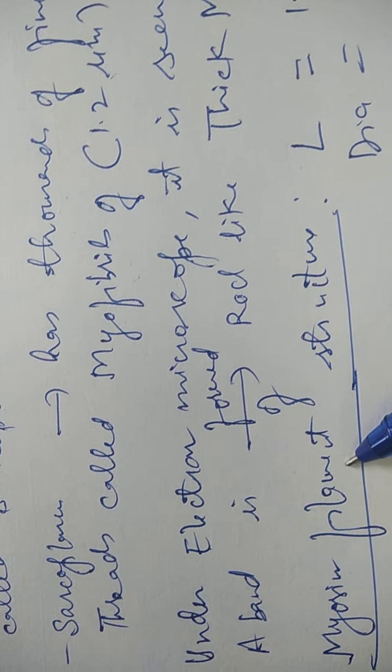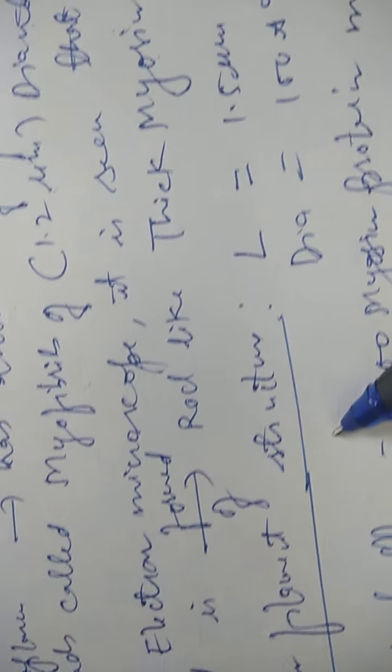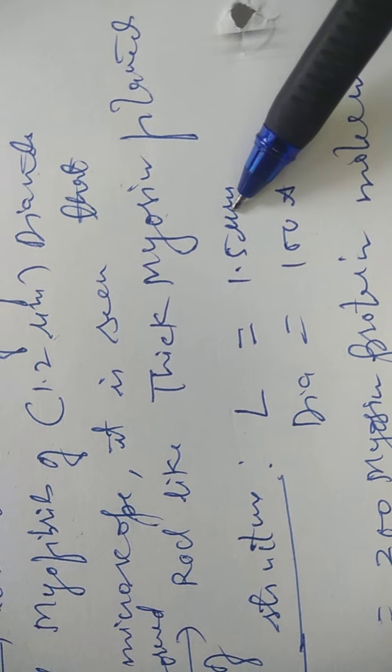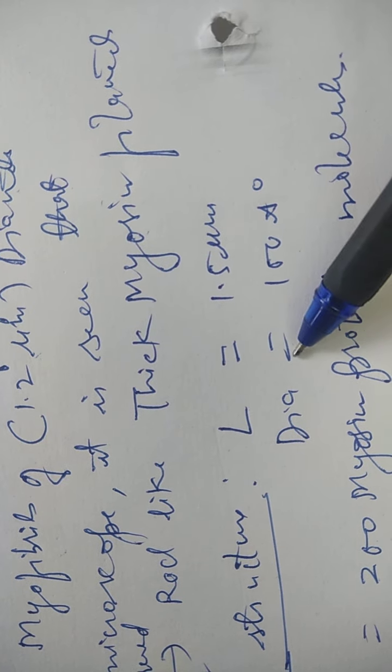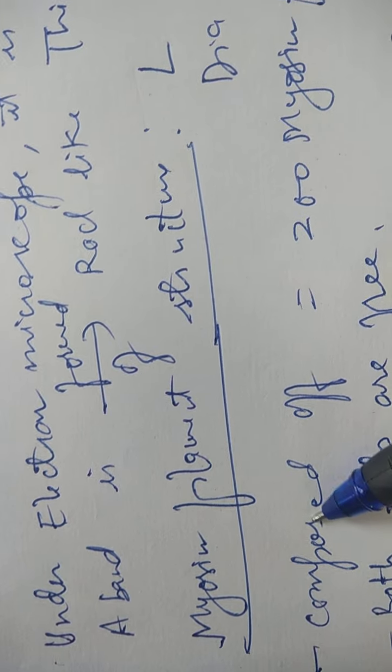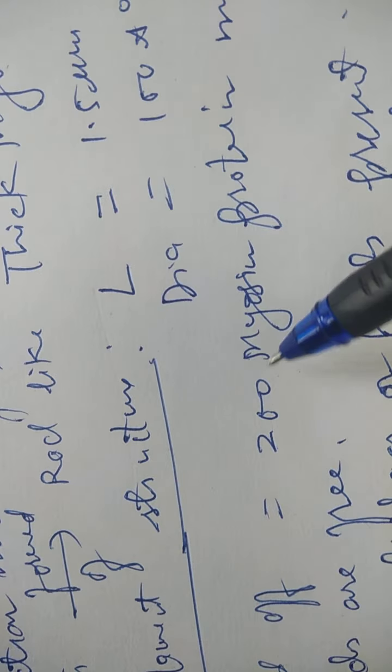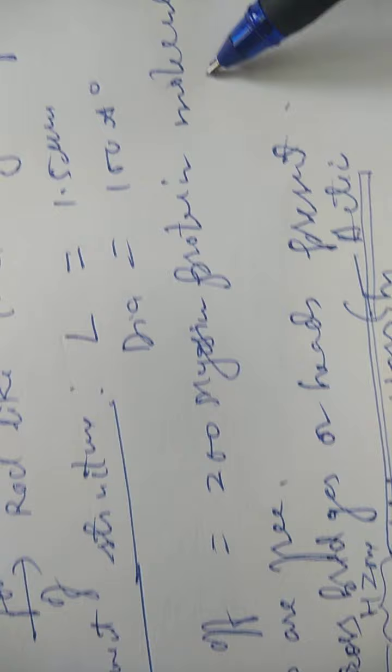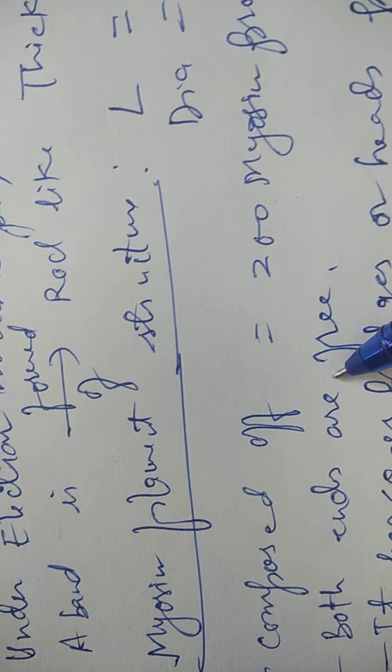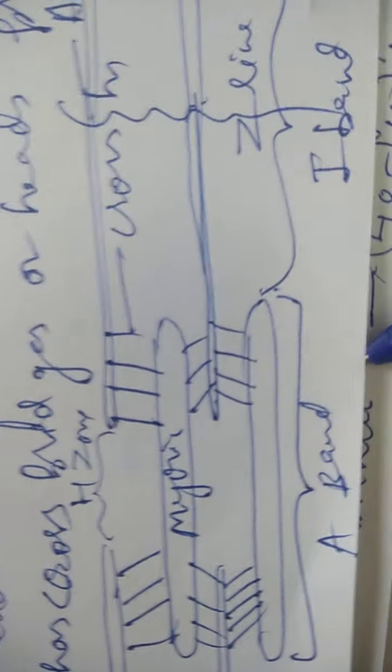The length of the thick myosin filament is 1.5 μm, its diameter is 100 μm, and the myosin filament is composed of 200 myosin protein molecules. Both ends of the myosin are free. Here you can see this is one end, this is another end, both of them are free.